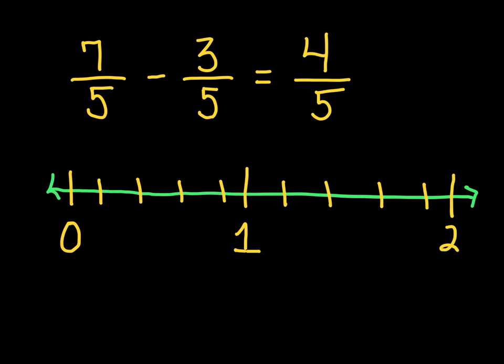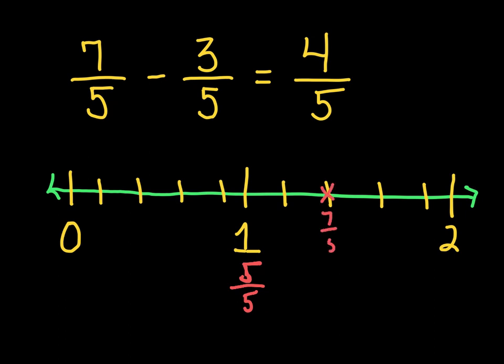All right, here we go. We want to show how 7/5 minus 3/5 is equal to 4/5 using a number line. Now, if we know this is cut up into fifths, I can say that the whole here would be 5/5, because it's cut up into fifths. So where would 7/5 be? 7/5 would be about here.